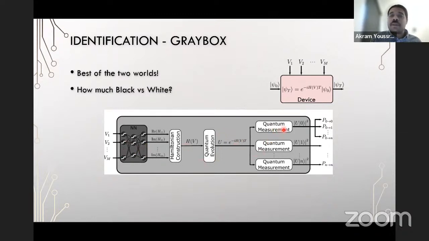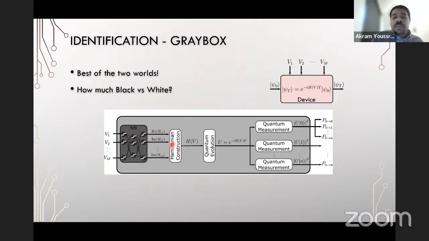Or for example, if I am doing measurement, we know how to calculate the measurements, how to calculate observables given the initial state and the unitary. So whatever you have, you know that you are certain of, you just put it there in the white box layers. And whatever is unknown, you put it in the neural network. So in this example here, the neural network predicts the Hamiltonian.